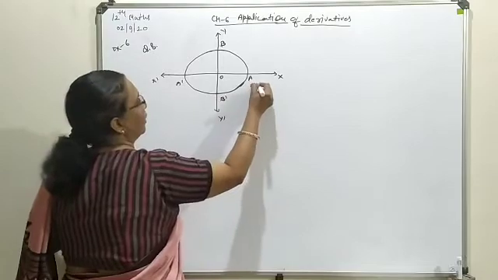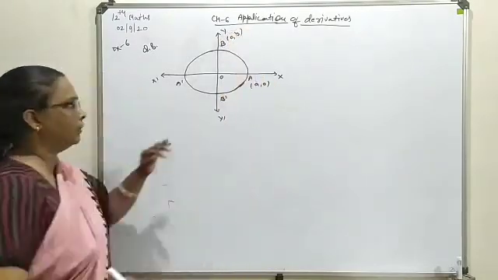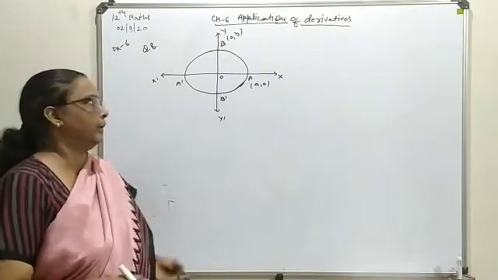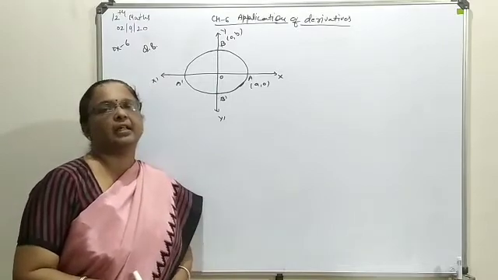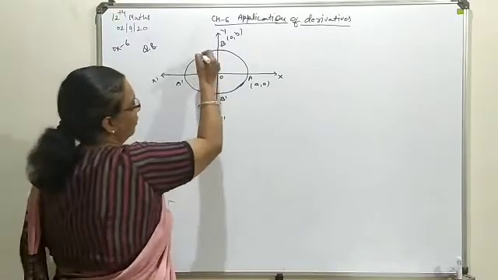We know their coordinates also: a, 0 and 0, b. Now inside the ellipse we have to form an isosceles triangle, for which the maximum area is to be evaluated.